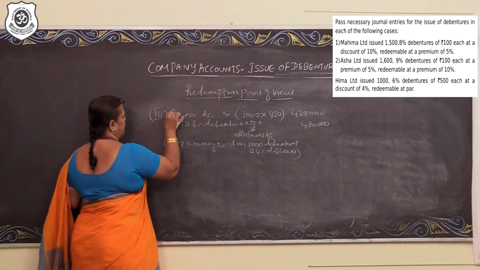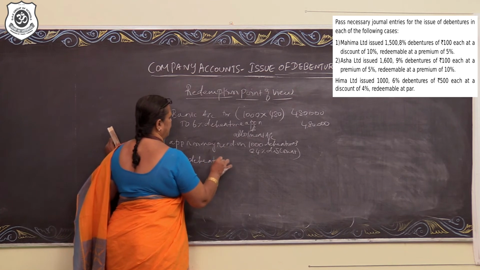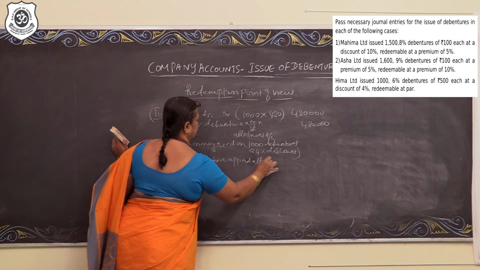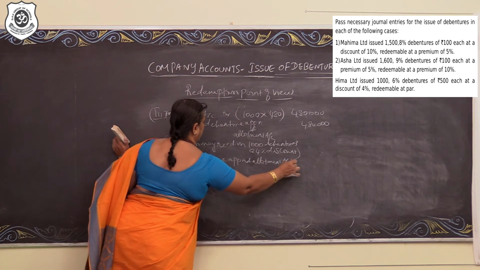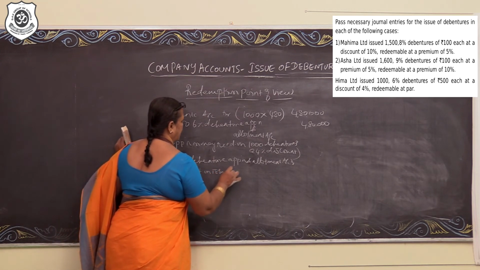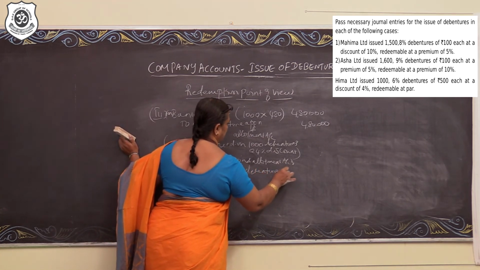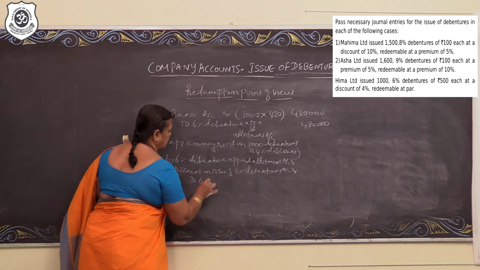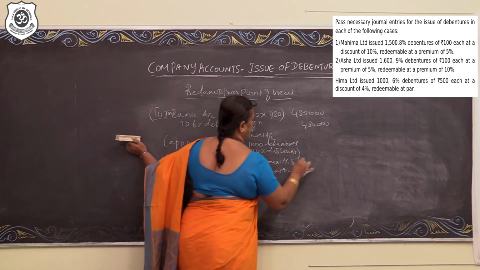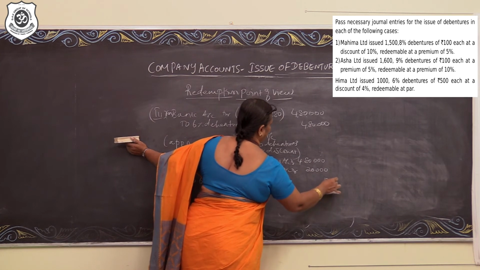So then the second one will be 6% debenture application and allotment account debit, discount on issue of 6% debentures account debit, to 6% debentures account. 4,80,000, 20,000, 5 lakhs.